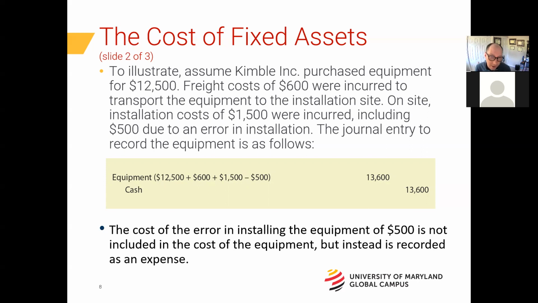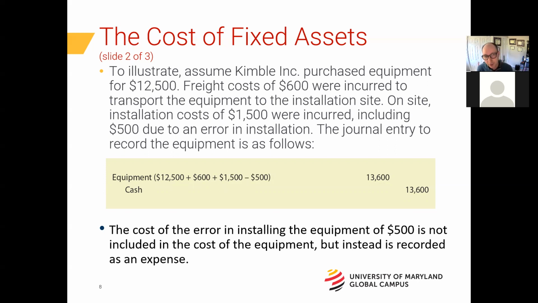So this is the journal entry that we would make. We would debit equipment $13,600 to increase our equipment account, which, by the way, is an asset account. And we would credit cash to decrease our cash by $13,600. We paid cash for it. So why $13,600?